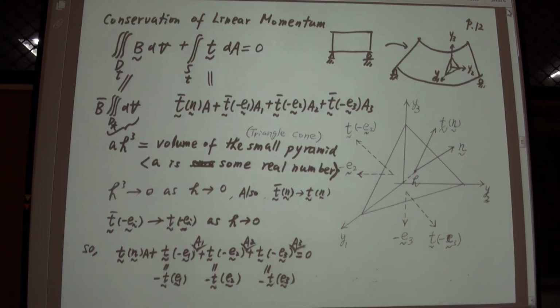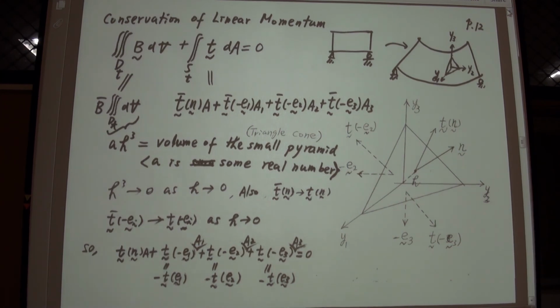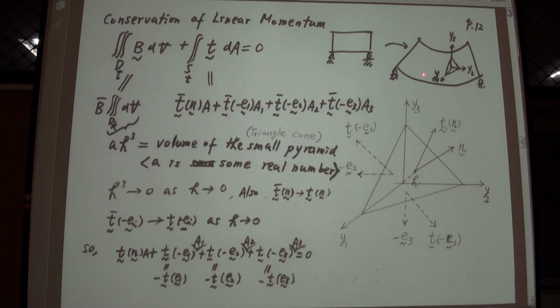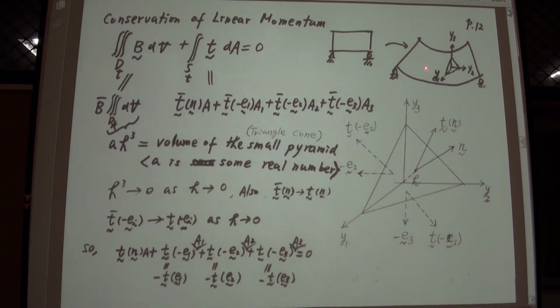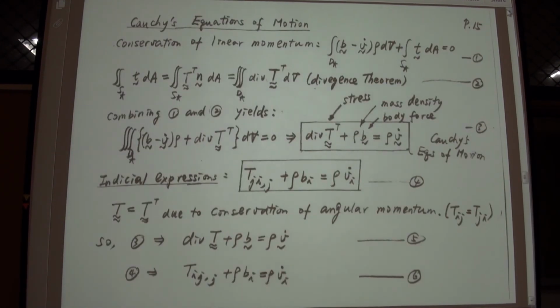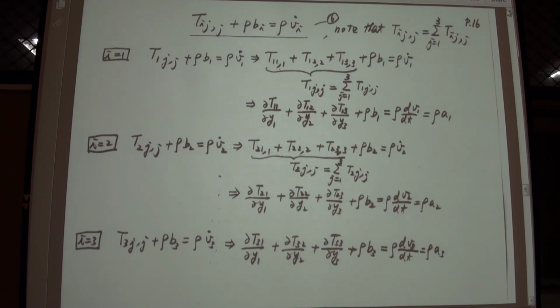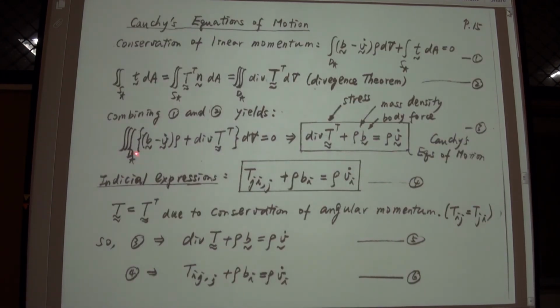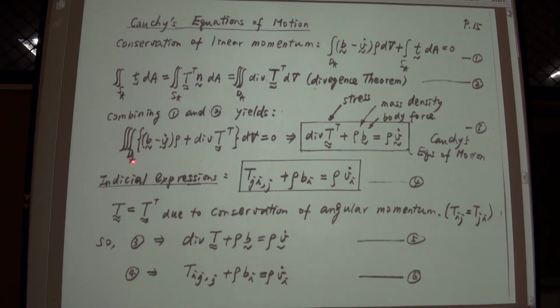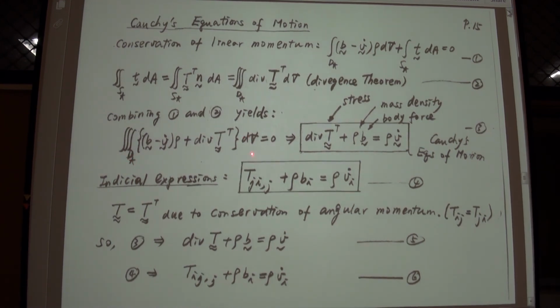Of course, we can extend our domain to the whole beam. There's no problem. No matter how, the conservation of linear momentum is correct for any material point, but also for any material body. So the domain here is arbitrarily chosen. For an arbitrarily chosen domain, the equality still holds.